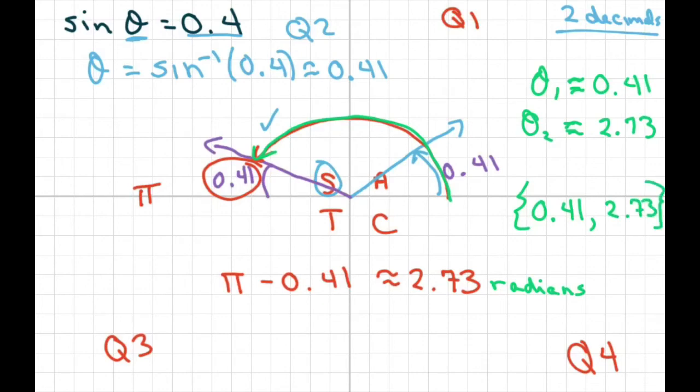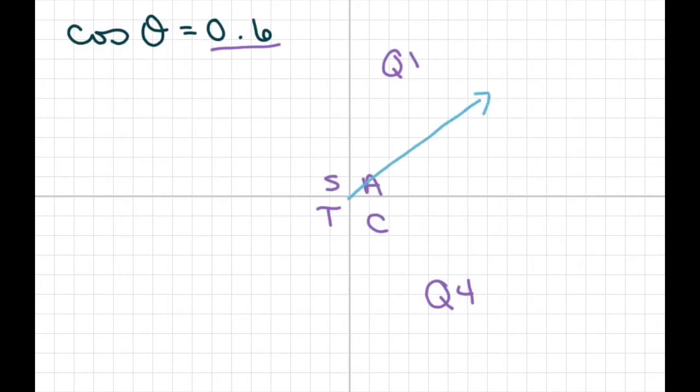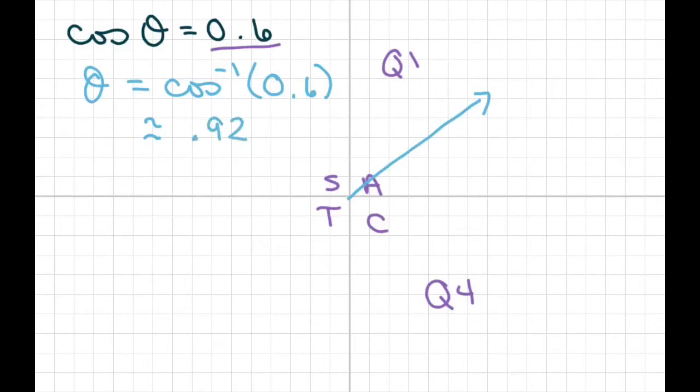Alright, the next one will go a little faster. It's very similar. I'm going to go ahead and write All Students Take Calculus. This is a positive value, so I know cosine is positive in quadrant 1 and quadrant 4. So when I just draw some acute angle here, and I take the inverse, so theta equals inverse cosine of 0.6, we're going to get approximately 0.927.